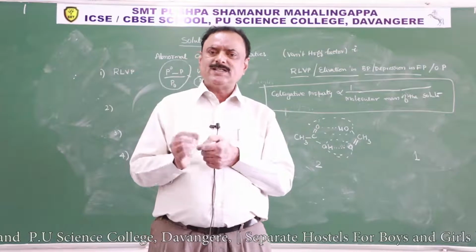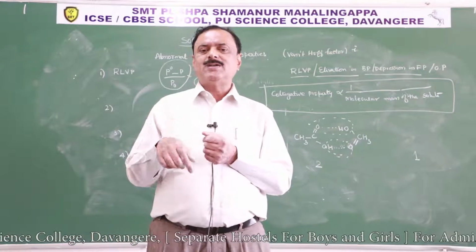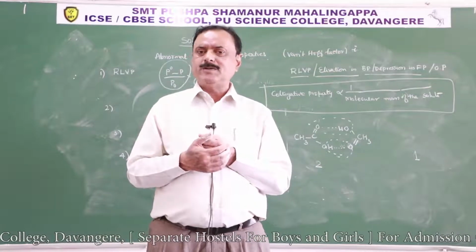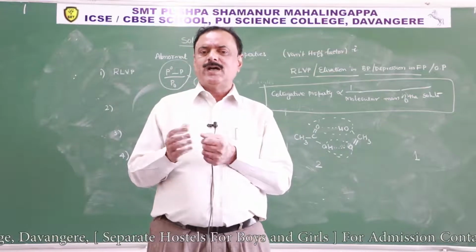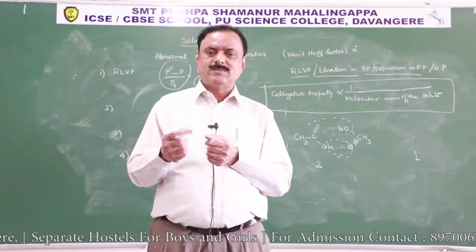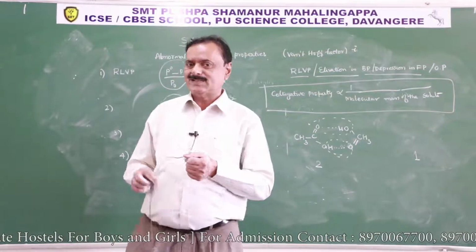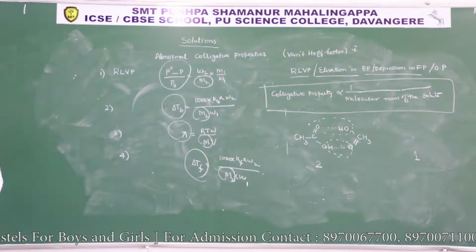Since the colligative property is inversely proportional to the molecular mass, higher is the colligative property, lower will be the molecular mass of the solution. Is it clear?